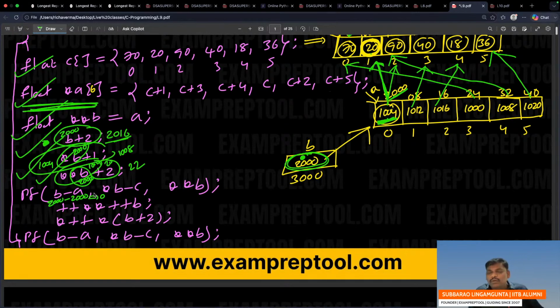Can anyone tell me, the two addresses which I subtracted, do they belong to the same array? Remember, only addresses of the same array you can subtract. Please be careful. If you are subtracting two addresses, same array addresses only you can subtract.